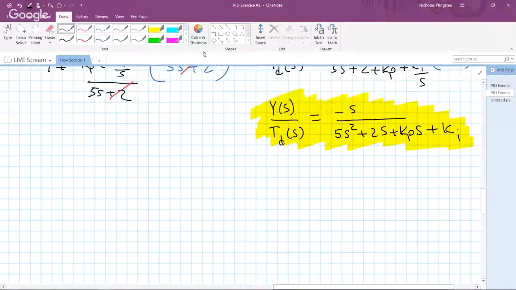Now what we're going to do is recall the error function. The reason why we're recalling it is because it's part of the final value theorem, so we can indicate our steady state disturbance error.